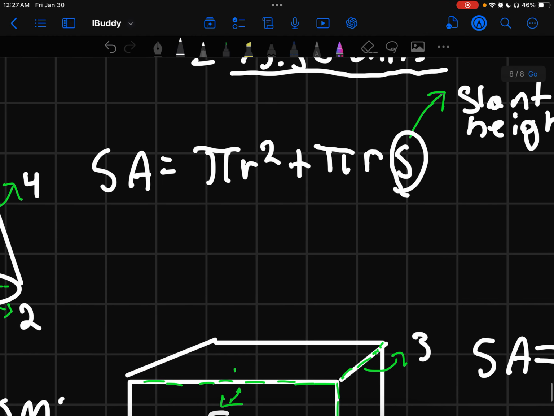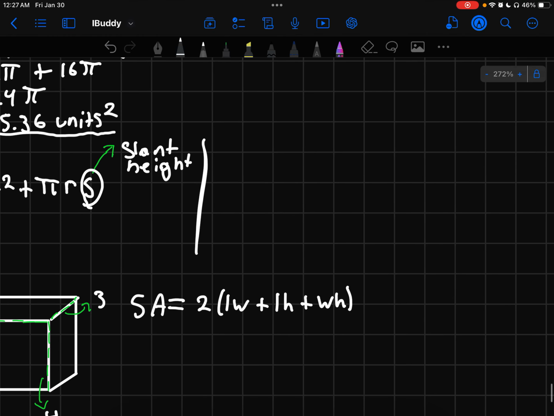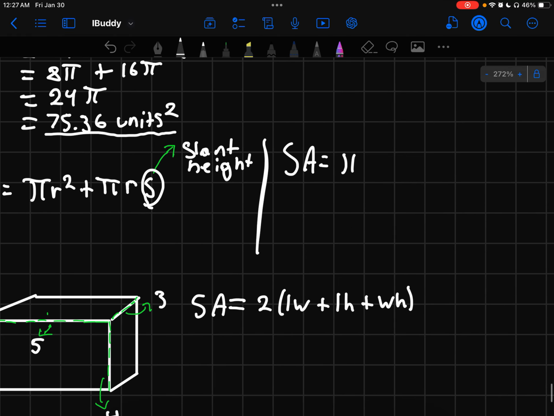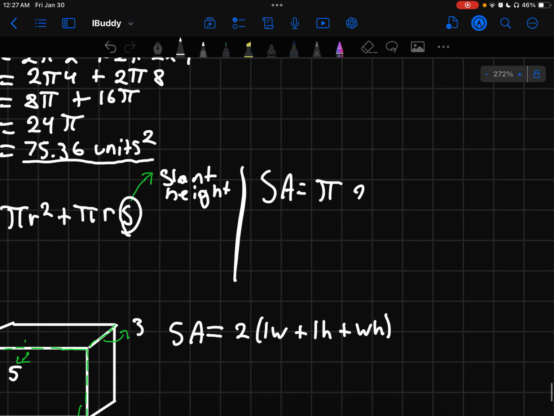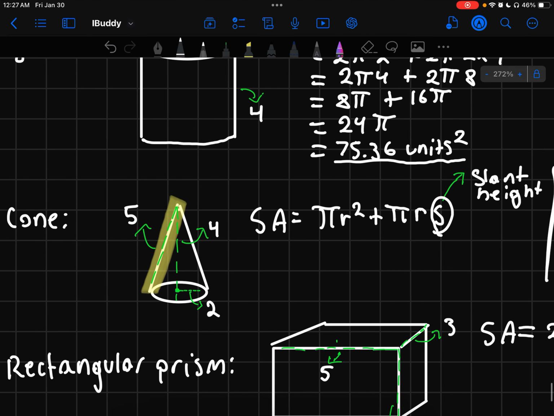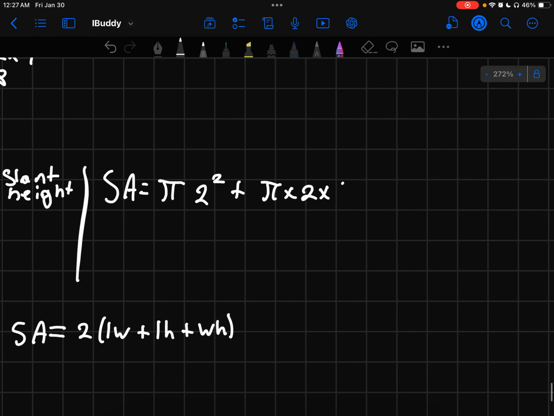We have surface area is equal to pi r squared, which is 2 squared, plus pi times 2 times the slant height, which is 5. Then this will be equal to pi times 4 plus pi times 10.